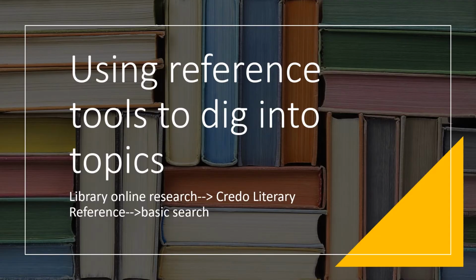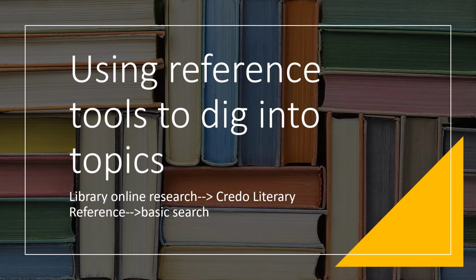You've already used reference tools to dig into topics, and now I'm going to encourage you to do that. I'm going to show you some definitions that I went after and found, and these are easy to find. I just went to the library online research portal, went down to L, I think.